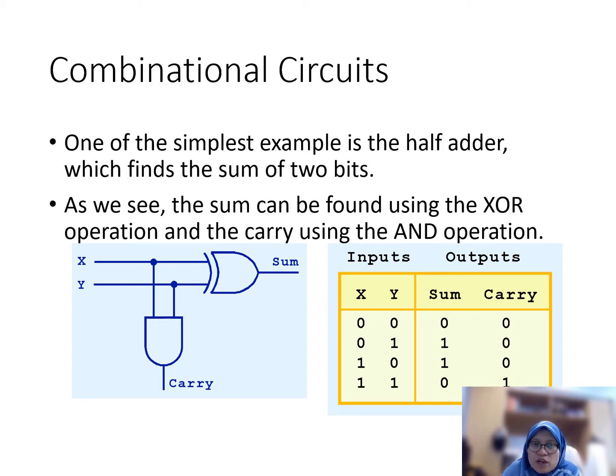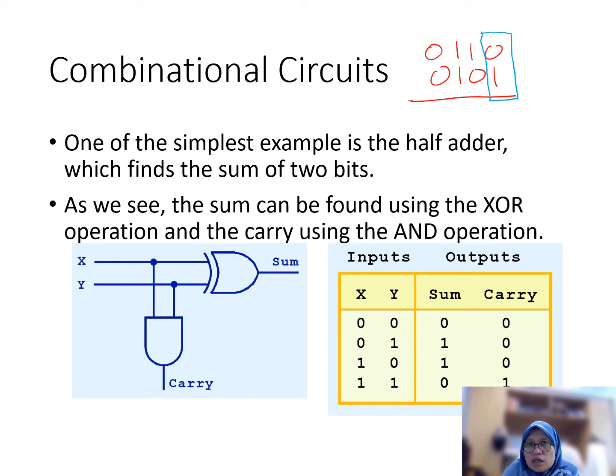For example, if we have 4 digits of 0, 1, 1, 0, and then 0, 1, 0, 1, like this, this is the first digit that we require to use the circuit to add.